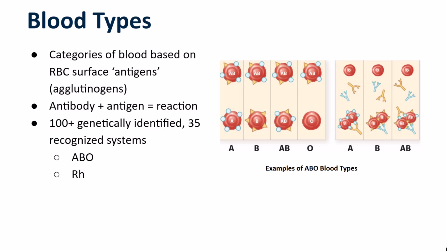Now, blood cells, like other cells, have surface molecules on them. And so we can use these surface molecules to begin to categorize them.